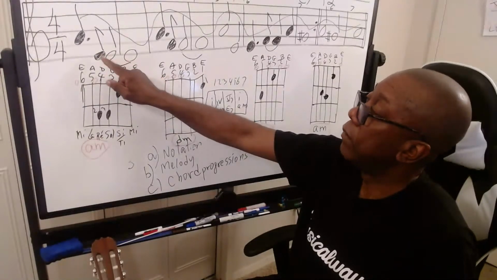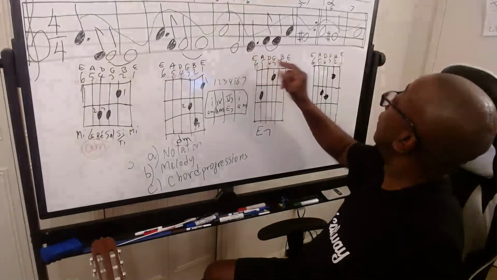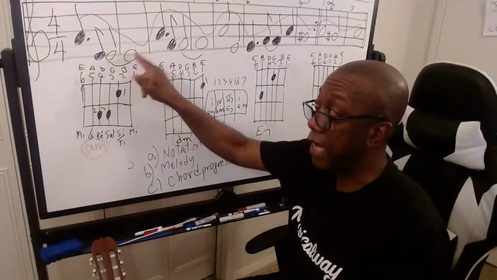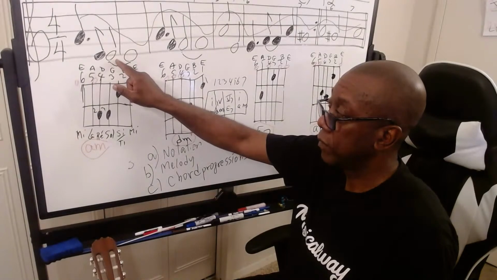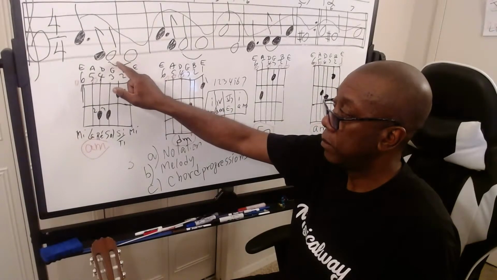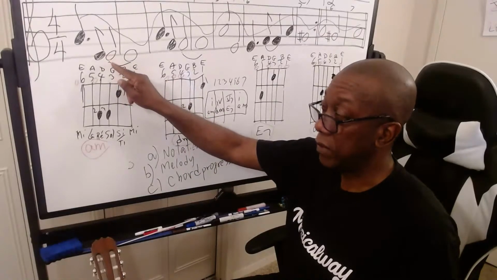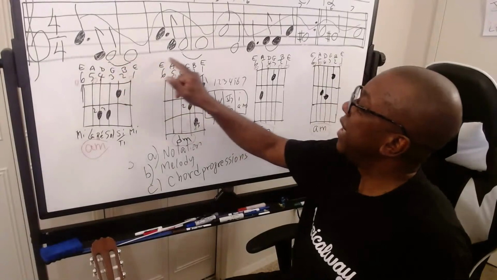It's tied. 1, 2, 3, 4. Oh, 4 times. It's tied. You cannot count that. You cannot put it separated from the first one because it's tied. So you consider that to be 6 beats. Okay. So we have E, the whole line.